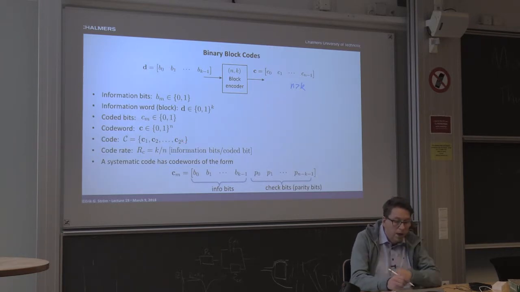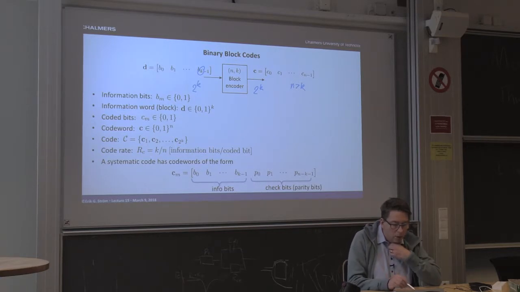And since we have k input bits, we have 2 to the power of k possible input patterns, which means that we have 2 to the power of k possible outputs, which means that the number of distinct code words is 2 to the power of k. Code rate is the ratio between k and n. And if you want to have a unit on that, it is the number of information bits per coded bit.